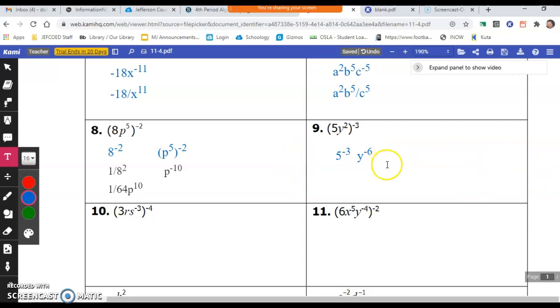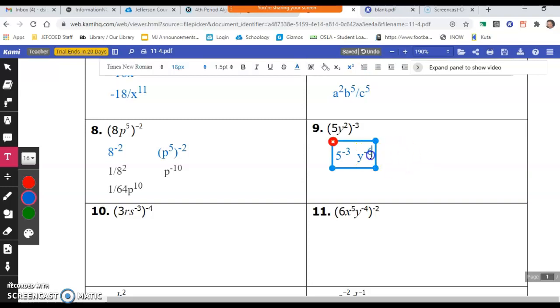Okay? All right, so now as we're solving for these, both of these values have negative exponents. So both of them are going to go where? Bottom of the fraction. Okay? All right, so here, what is 5 raised to the negative 3 going to be? 1 over what? 125. Good? And then that y to the negative 6th is just going to be y to the what? 6th.